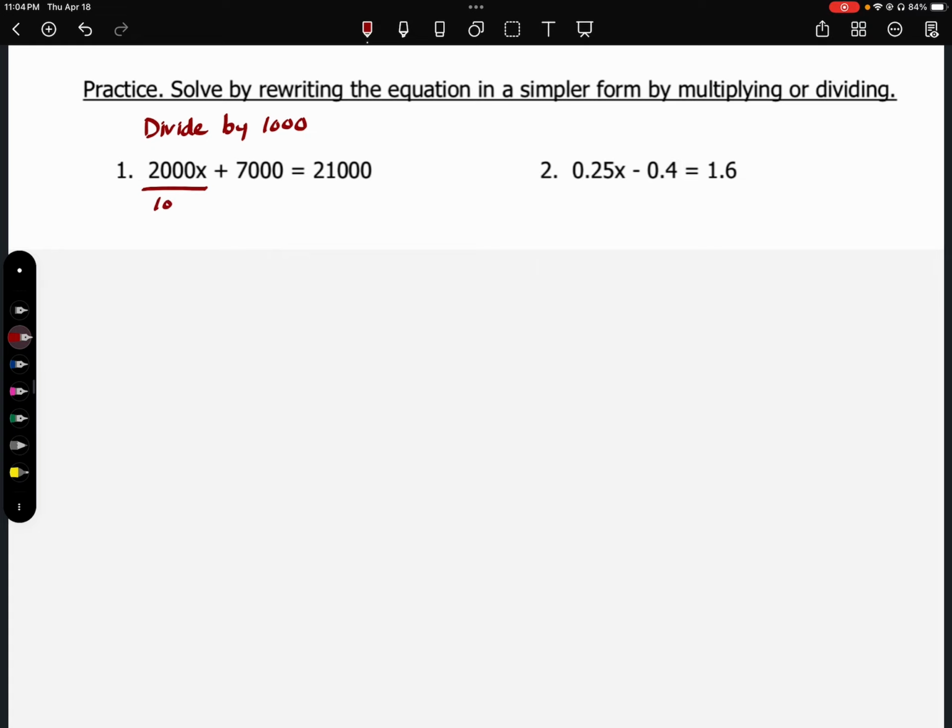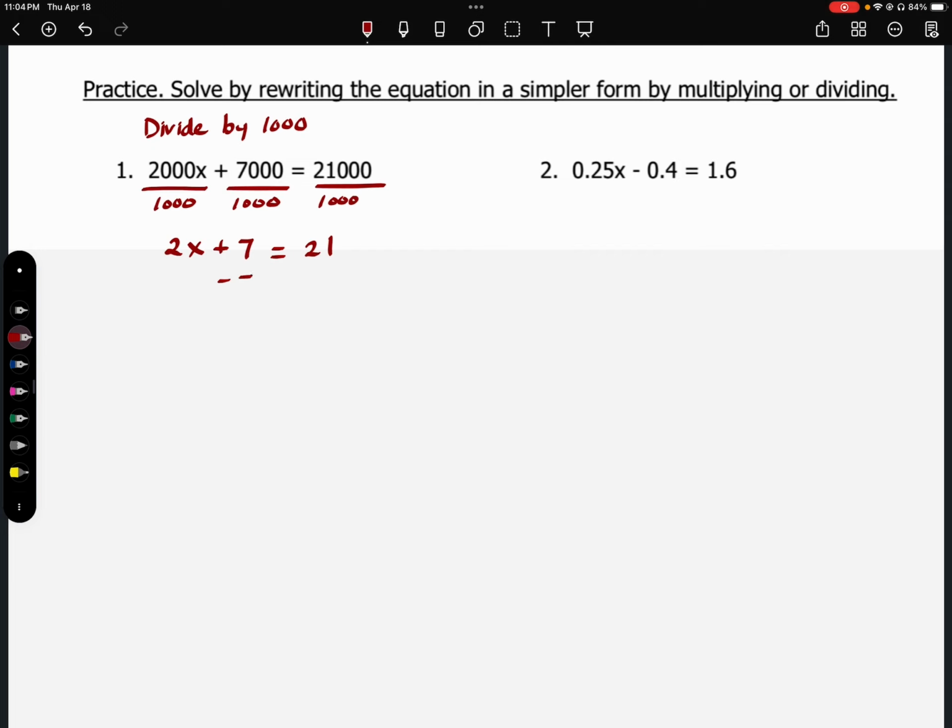So if we divide this by 1,000, this by 1,000, and this, 2000x divided by 1,000 is going to be 2x, plus 7,000 divided by 1,000 would be 7, and that should end up equaling 21.